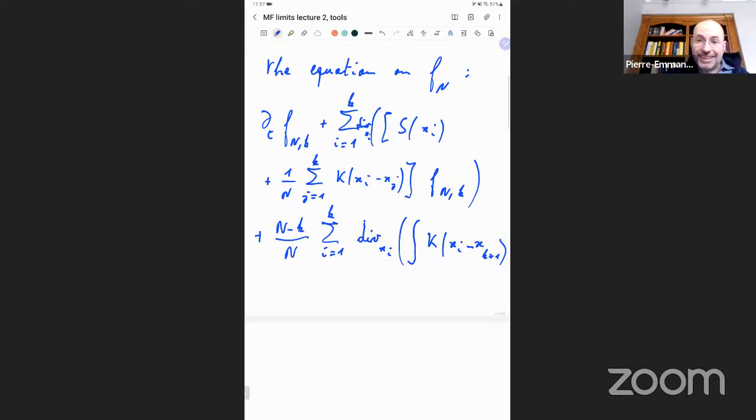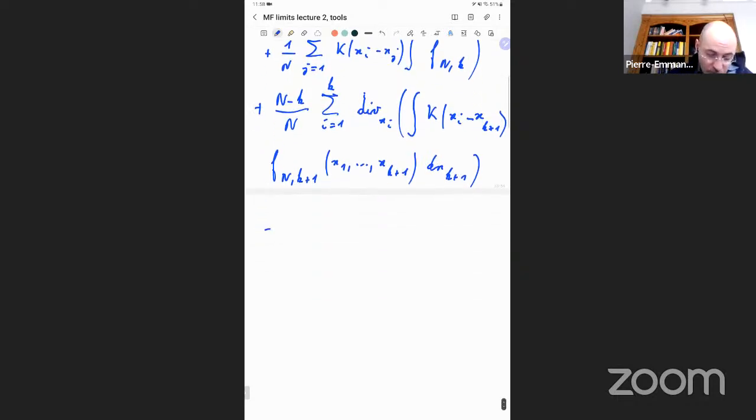But I cannot integrate like that with respect to the last one. And the diffusion, however, is not a problem.